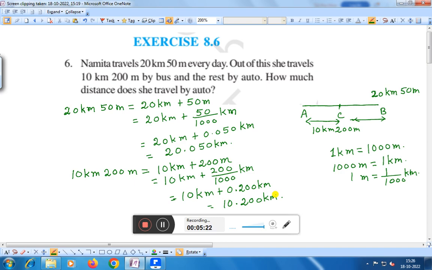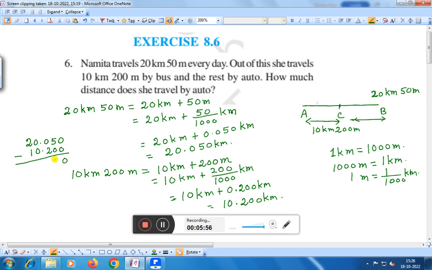Now we have to subtract 10.200 kilometer from 20.050 kilometer. We are subtracting this one.